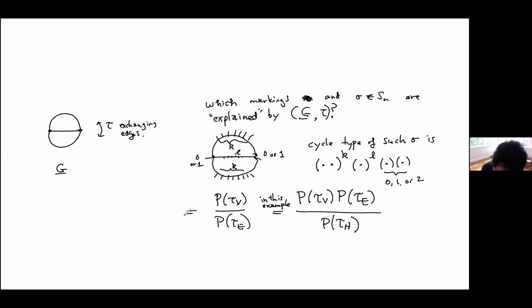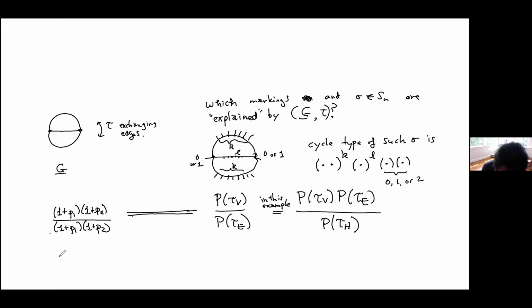And in this particular example, this is exactly 1 plus P1 times 1 plus P1 over 1 plus P1 is 1 plus P2. This is this expression.